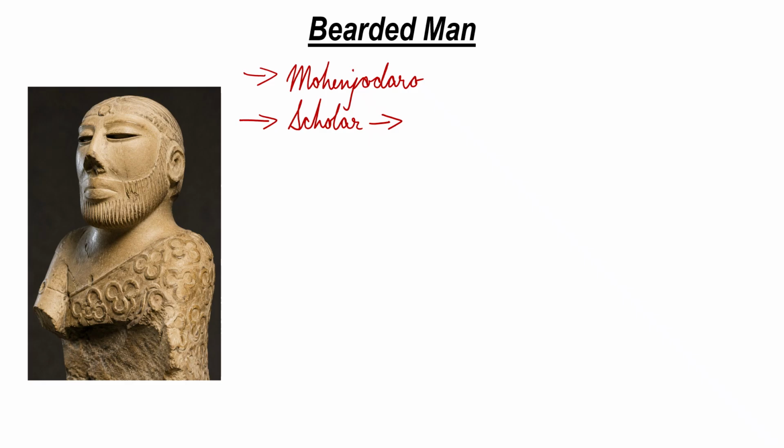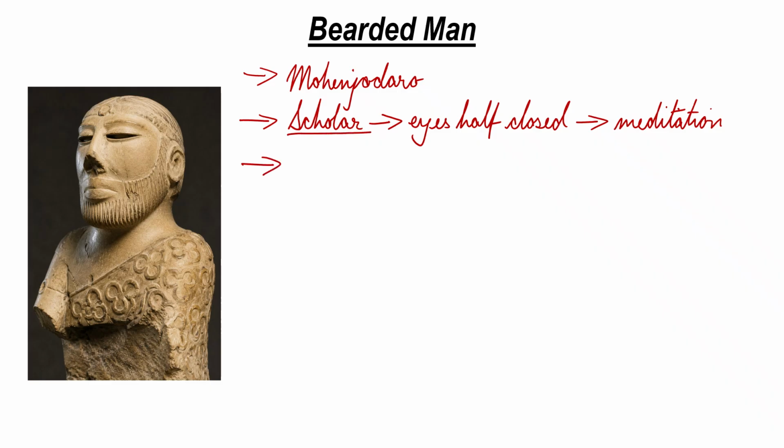Why? Because it has eyes half closed. And that probably gives an impression of meditation. So if one is in a meditation pose, then he or she may be assumed to be a scholar. That is why people believe that it was the sculpture of a scholar.